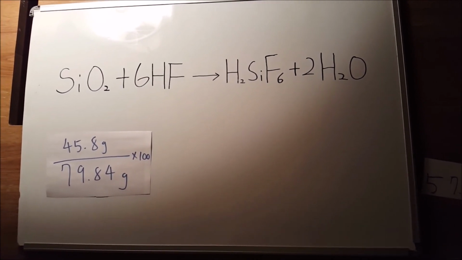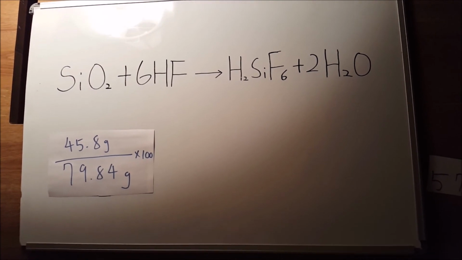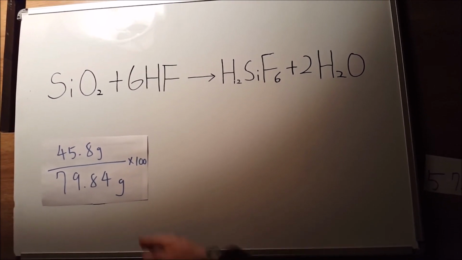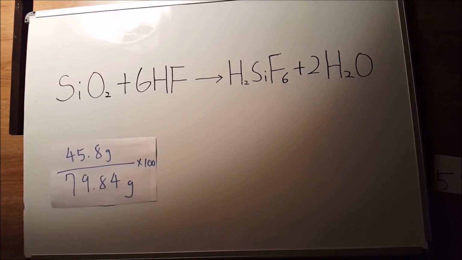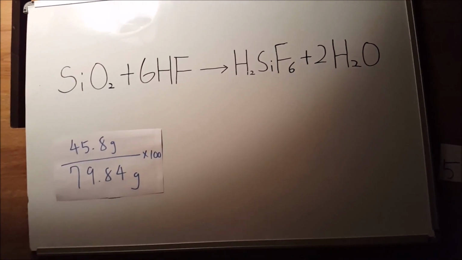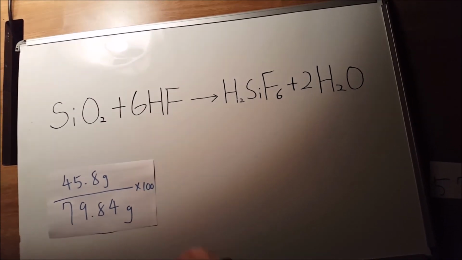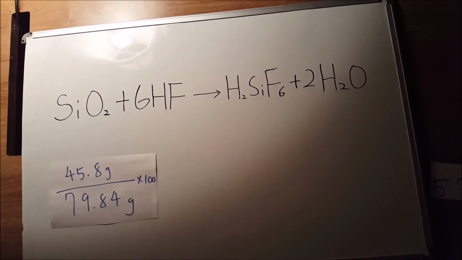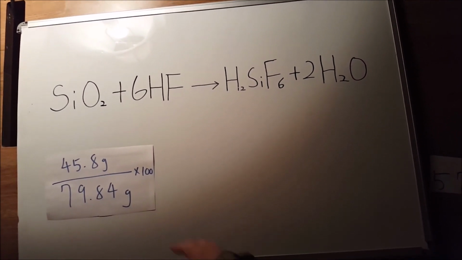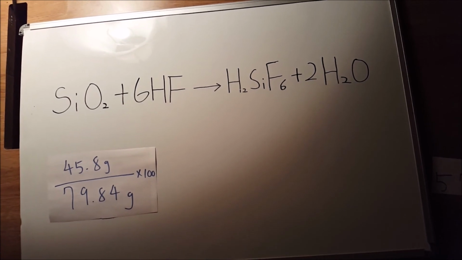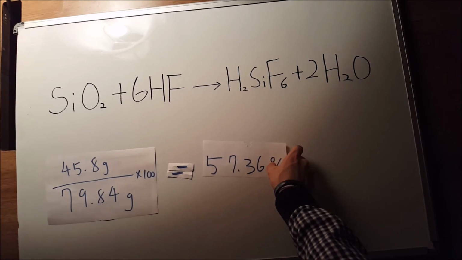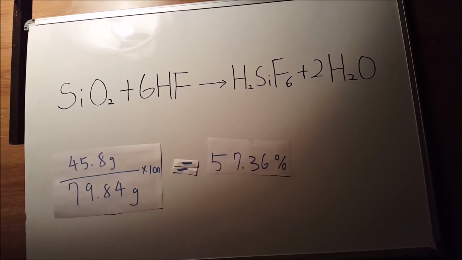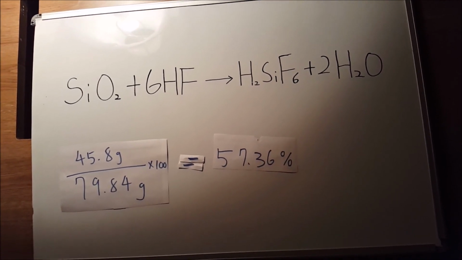It asks for the percent yield, for which we use the experimental yield of hexafluorosilicic acid divided by the theoretical yield of hexafluorosilicic acid, times 100%, which is equal to 57.36%.